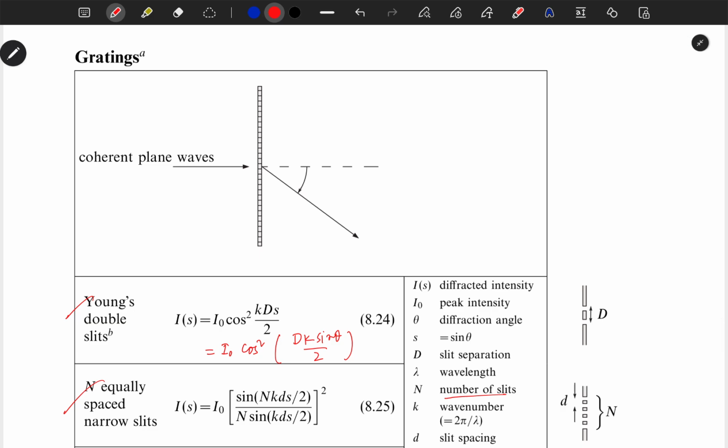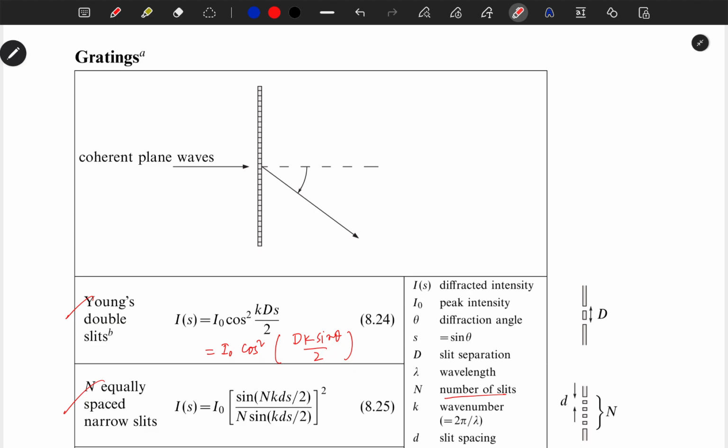Now grating, Young's double slit formula. The intensity is I equals I0 cos squared (d k sin theta by 2). d is the distance between two slits, and k is 2 pi by lambda, and so this is Young's double slit.